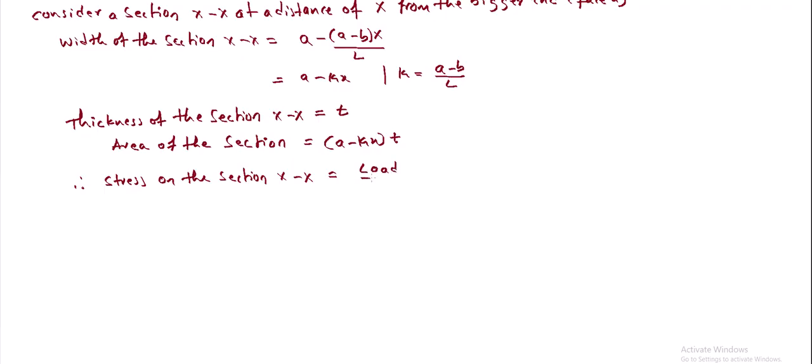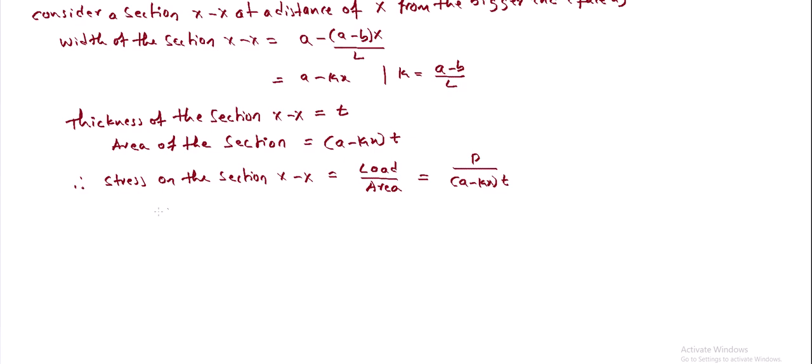Yes, the stress is nothing but load by area. What is the load here? The load applied on either end is P, and the area is A minus Kx times T.